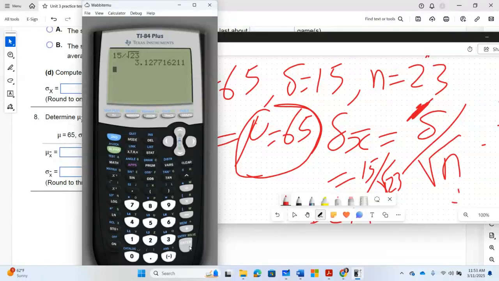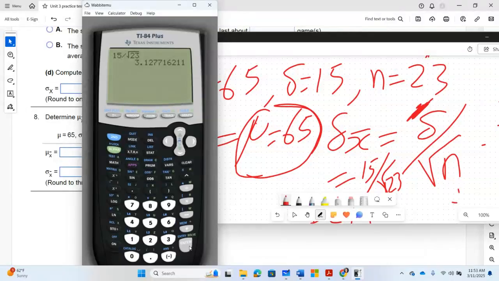And what is standard error? Standard error is the standard deviation of the central limit theorem, of the distribution of means. So I end up having 3.123. That is the standard error.